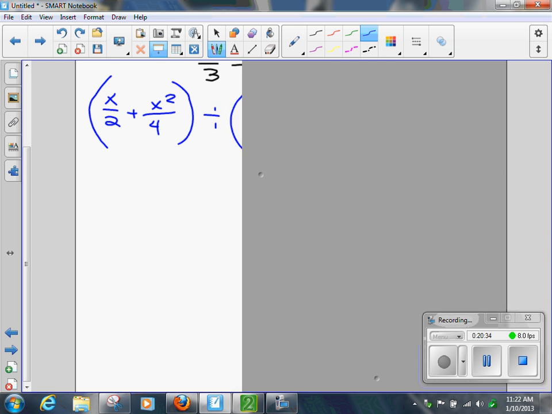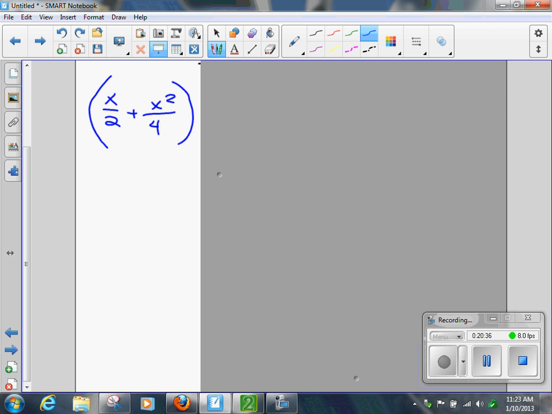If it's too much for you to look at, then do that much. What do I need to do with those fractions? Common denominator. We got 2 and 4. What's my common denominator? 4. All right, here we go. 4 and 4. This one doesn't change. What did I multiply? I multiplied 2, so 2 times x is 2x. Y'all cool with that? All right, covered up. We're done with that.